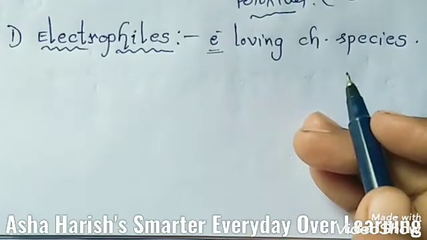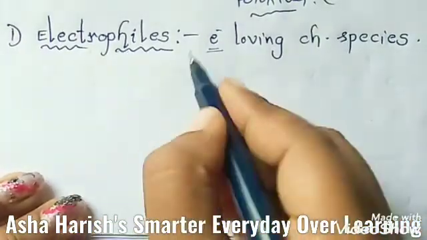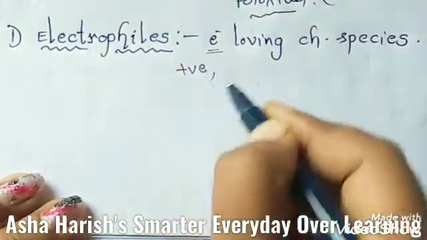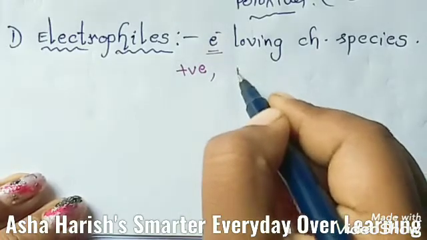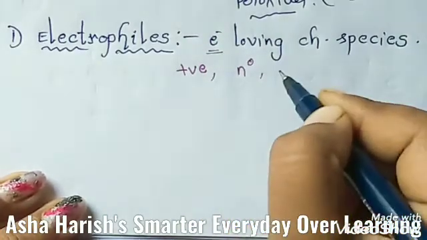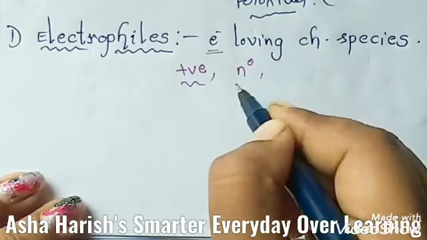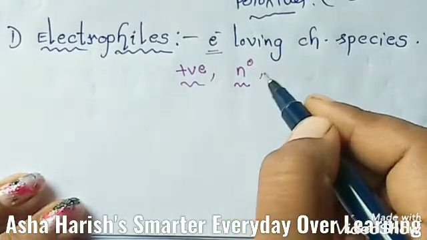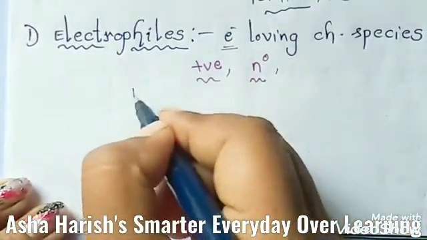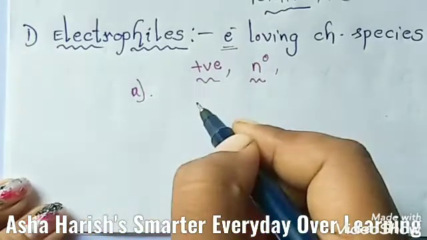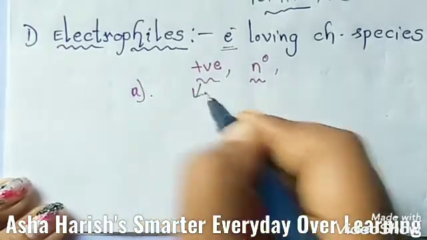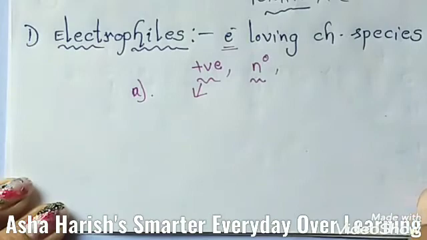Electrophiles may be either positively charged or electrically neutral. So positively charged and electrically neutral chemical species. For suppose, the first type is positive electrophiles. Let's see positive electrophiles.